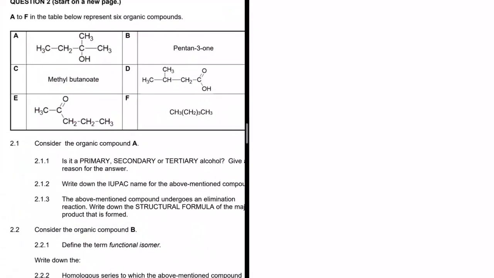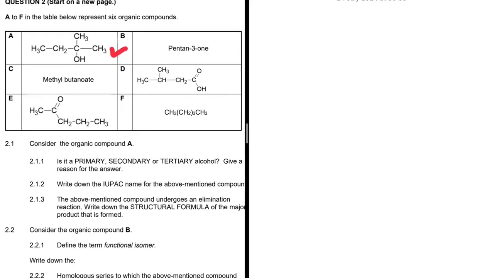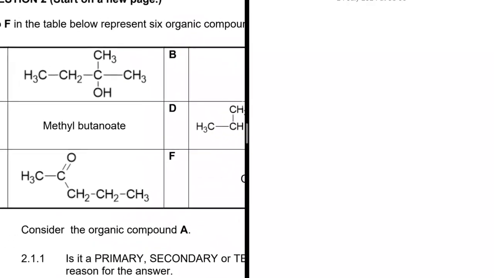Is this organic compound a primary, secondary, or tertiary alcohol? We're supposed to give a reason for the answer. So let's take a look. In compound A, let's just zoom in on compound A. We have 1, 2, 3, 4 carbons. So that should be butanol, right?